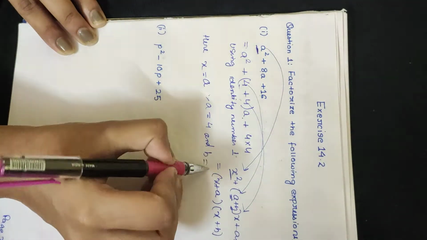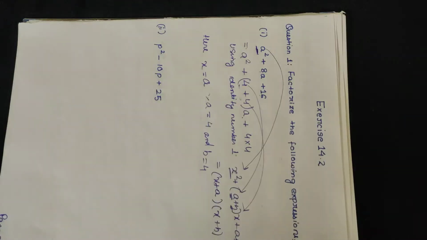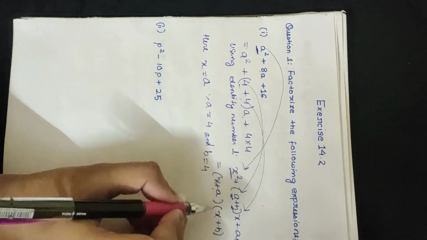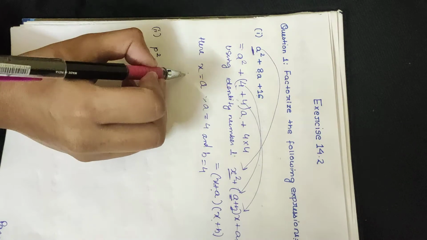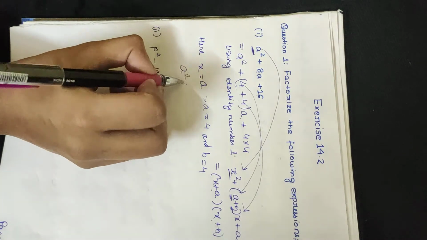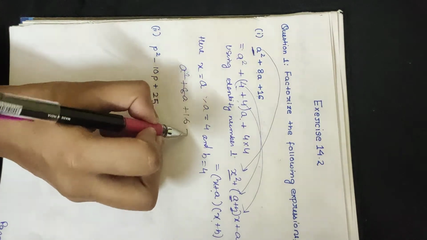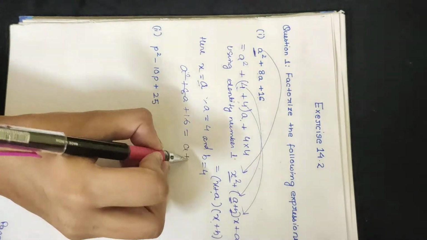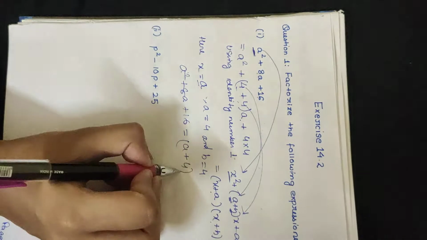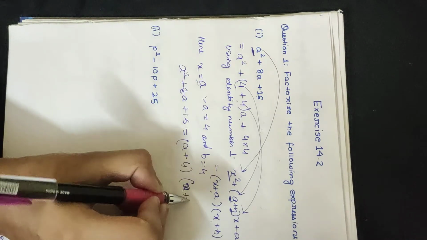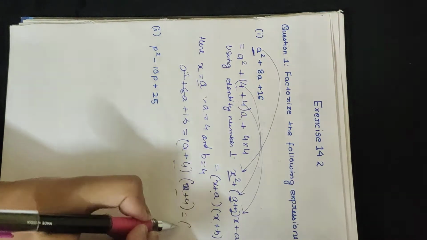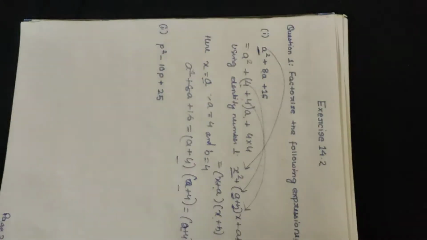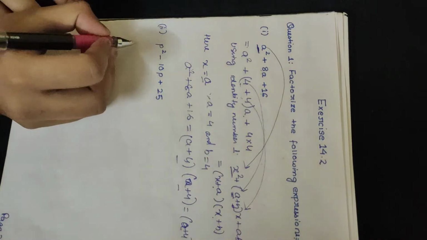By comparing, what is the resultant? The resultant is x plus a, x plus b. So a square plus 8a plus 16 is equal to x plus a, which is a plus 4, and x plus b, which is a plus 4, and these two are the same, so a plus 4 whole square. Okay, so this is how we are solving the first question.